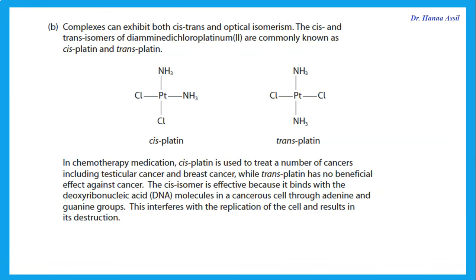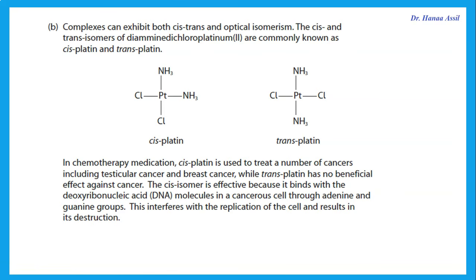The cis isomer is effective because it binds with the deoxyribonucleic acid, which is the DNA molecules, in the cancerous cells through adenine and guanine groups that are present on the DNA. This interferes with the replication of the cell and results in its destruction.